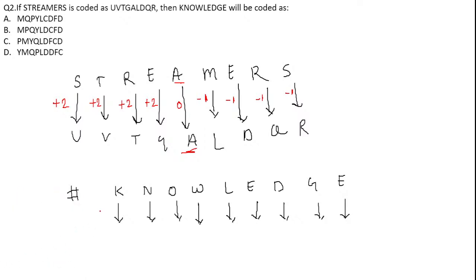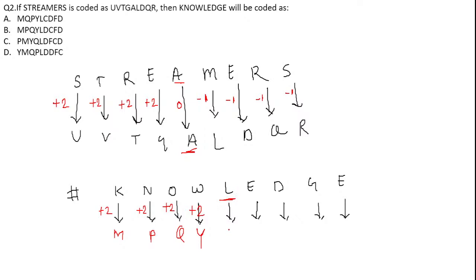So we will write +2, M. For N, again we will do +2: N, O, P, so we will write P. Now O plus 2: O, P, Q, so Q. Then W plus 2, it comes Y.